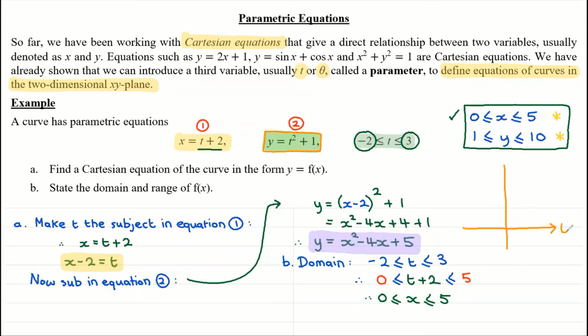So let's put that as the t-axis. Let's put that as the y-axis. So it's simply t squared plus 1. So it's going to look like this, essentially. Now, this is where we have to be a little bit careful. The t variable is only defined between -2 and 3.